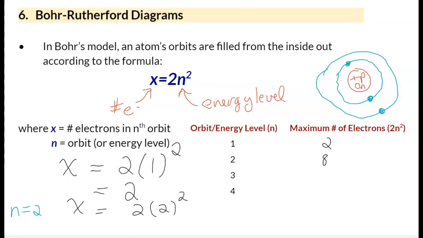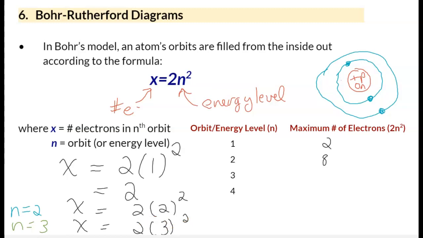But let's take a look at our third energy level, where n is now equal to 3. We have x is equal to 2 times 3 squared. Well, 3 squared, we know, is 9, times 2 will give us 18.